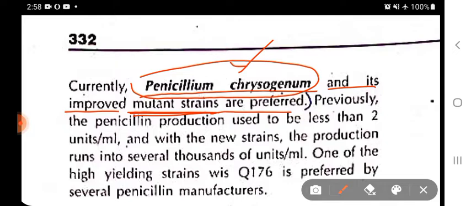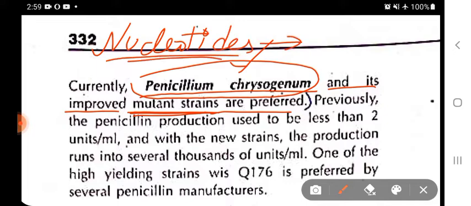I think you know about nucleotides; you studied a little bit about them in class 12. Nucleotides are the building blocks of DNA, and many nucleotides make up DNA and RNA as well.